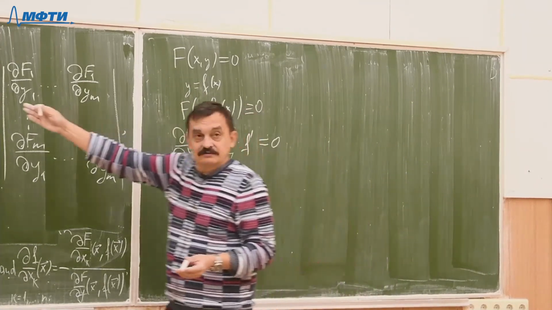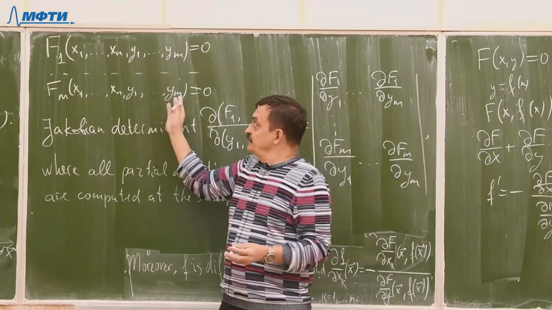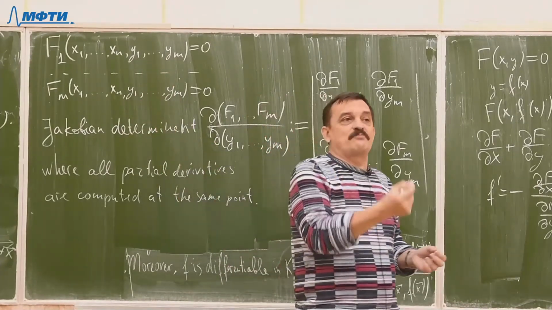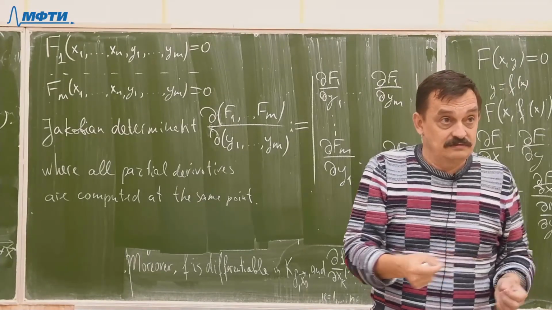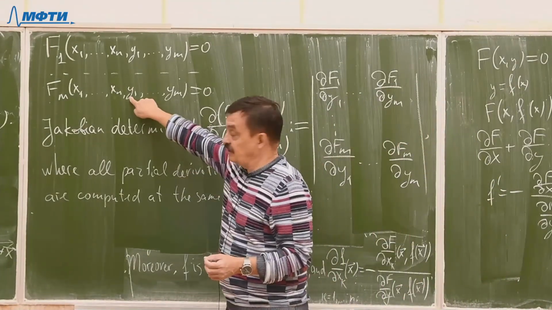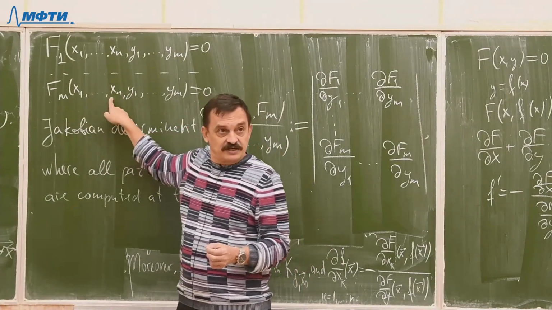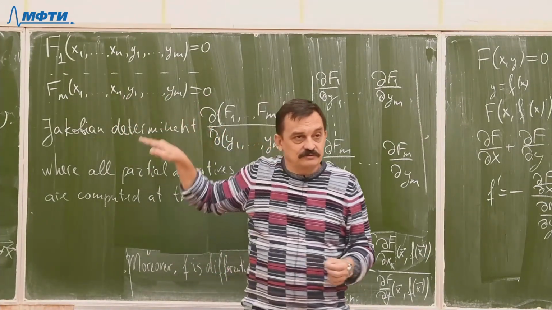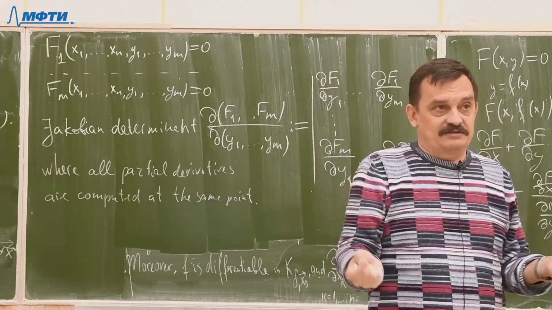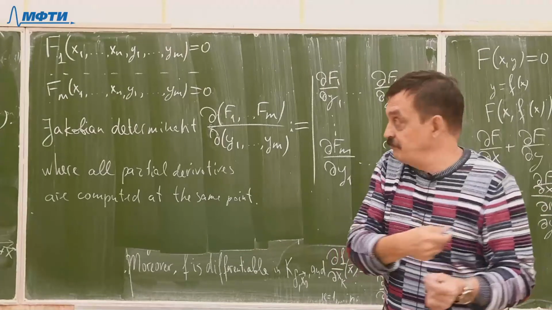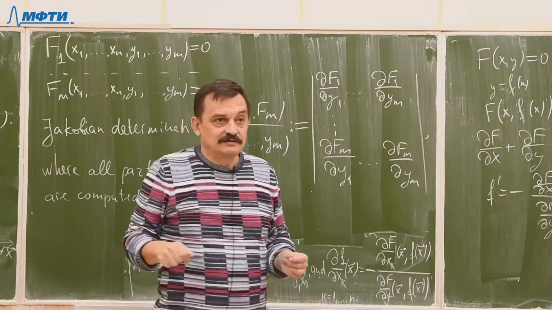Similarly, we can proceed here. We solve this equation, so we obtain m functions of n variables. M functions, every y is a function of n variables, right? If we substitute, we have identities. We have m identities. We differentiate them with respect to every variable, right?